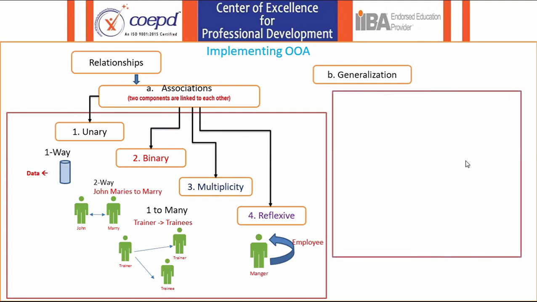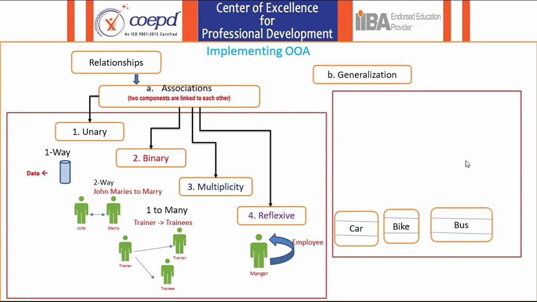Now, if you take that into the example, what is a car? It's a vehicle. Bike, vehicle. Bus, vehicle. If I want to go with these three separately, can I represent them as a single thing as a vehicle? Yes. Then what do you call this vehicle as? Generalization.